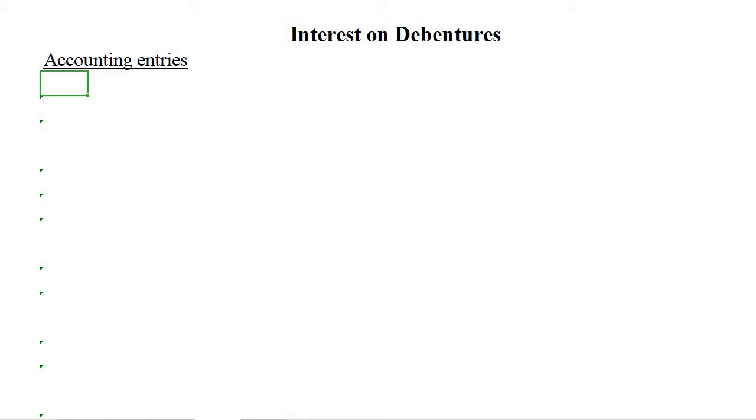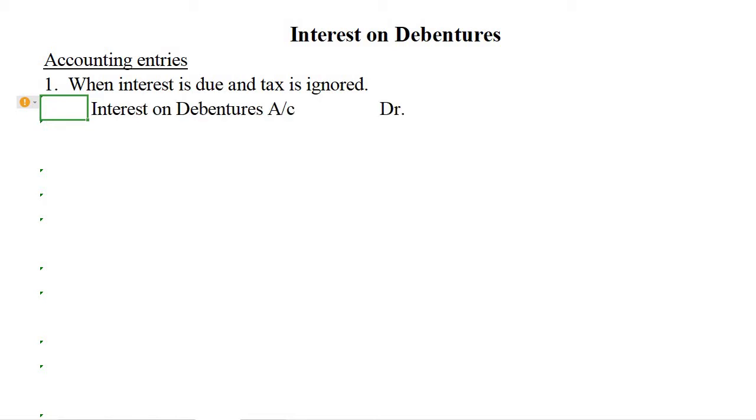If it is given in the question like that, that means tax need not be considered. So in that case, what will be the journal entry for interest due on debentures? We have to create an account called interest on debentures. That interest on debentures account will be debited because it is an expense to the company. And this interest on debentures will be created and will be payable to the debenture holders.